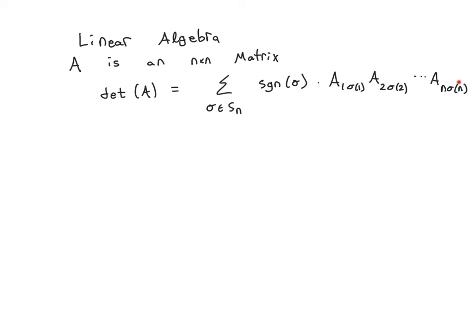So what this is doing is for each permutation, here I'll do n equals 3, you're looking at exactly 1 entry in each row and column corresponding to that permutation in this matrix, and you're multiplying exactly those entries together.